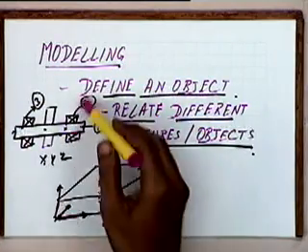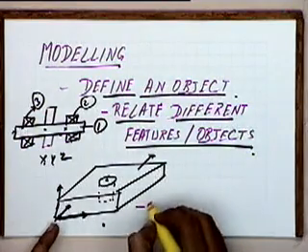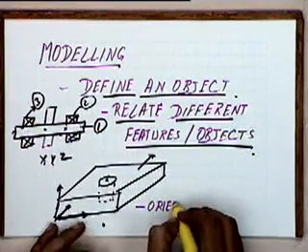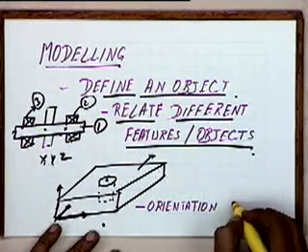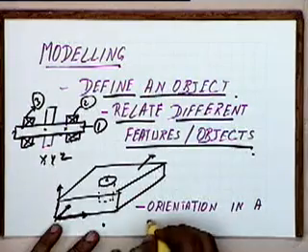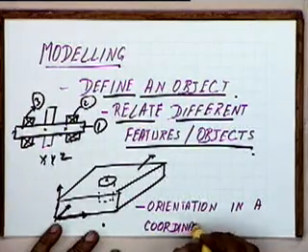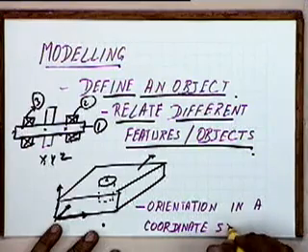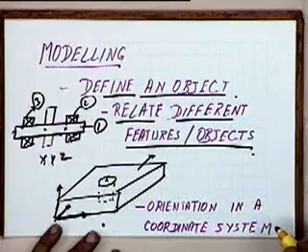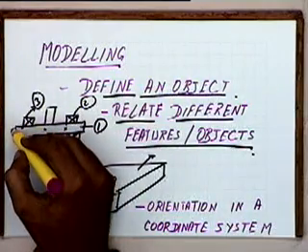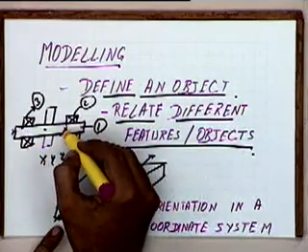And another thing related to this that I have already mentioned is that we have to talk of orientation in a coordinate system. We define a coordinate system that, let us say, this is the origin for the shaft, this is the origin for the bearing.